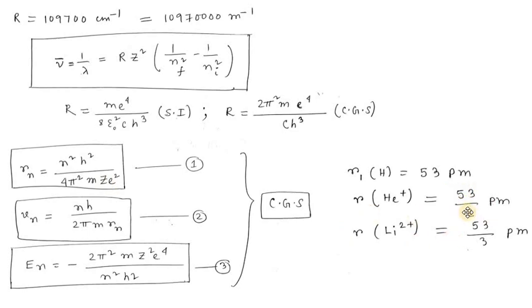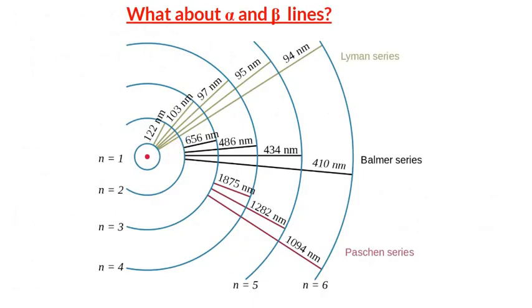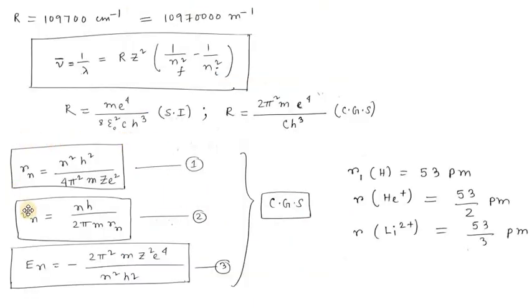So for helium you just have to divide by 2. For lithium 2 plus, 53 divided by 3, only vary the Z, right? So here you can get all the different radii. Just pause the video and learn what I have told you again. That's quite easy.